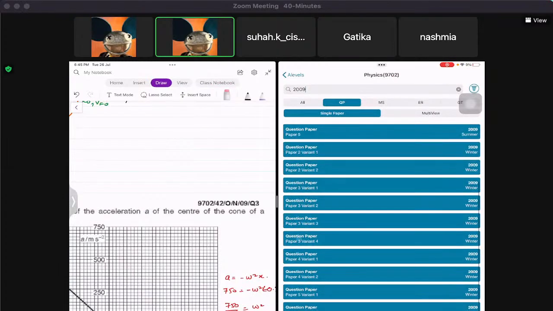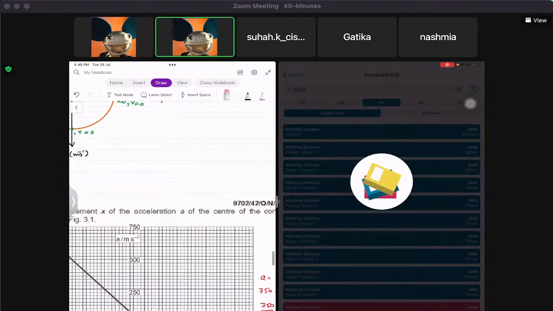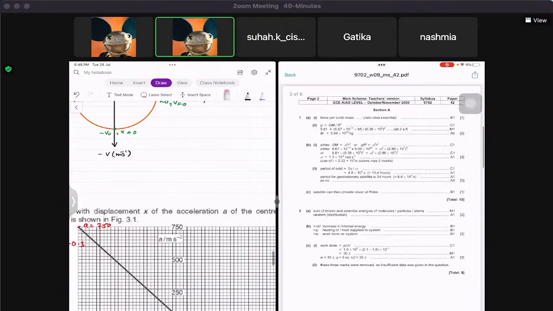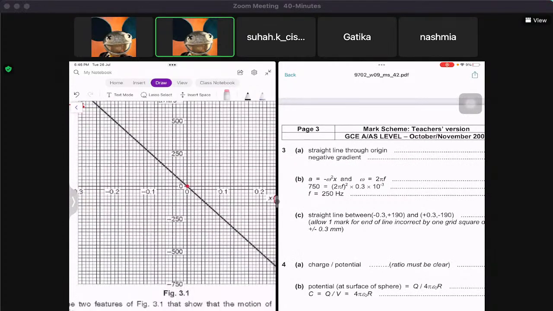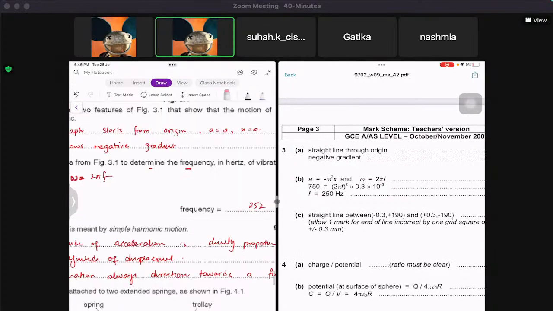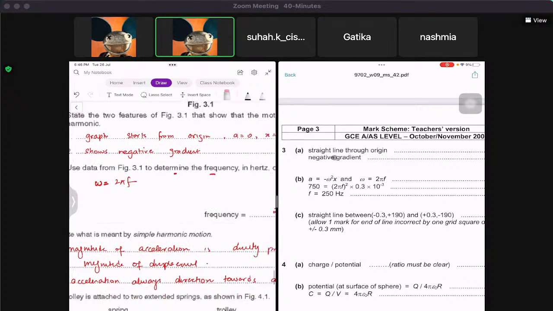Okay, let me use the keyboard instead. Mark scheme, variant 42. Okay, question number 3. The first answer should be 250 to two significant figures. Our answer is 252. That is correct. Straight line through origin and negative gradient. That is correct. And then I cut one part basically.